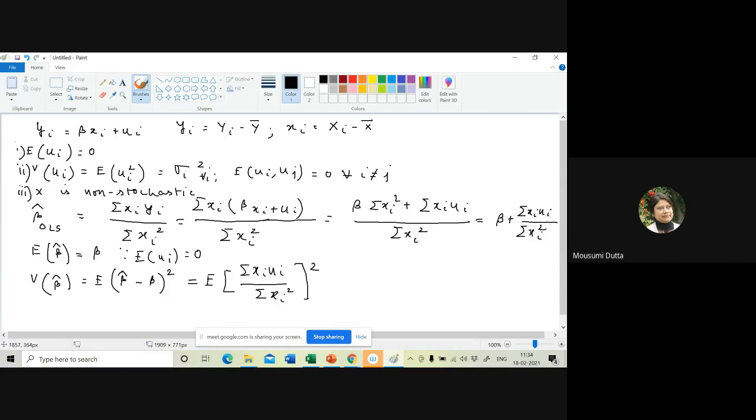Since expectation of ui is equal to 0, the second term will vanish when you consider the expectation. So safely we can write expectation of beta hat is equal to beta.